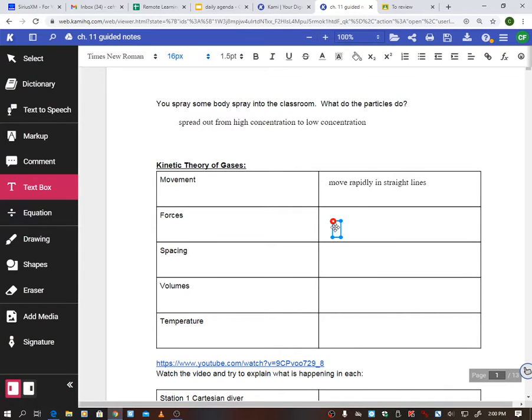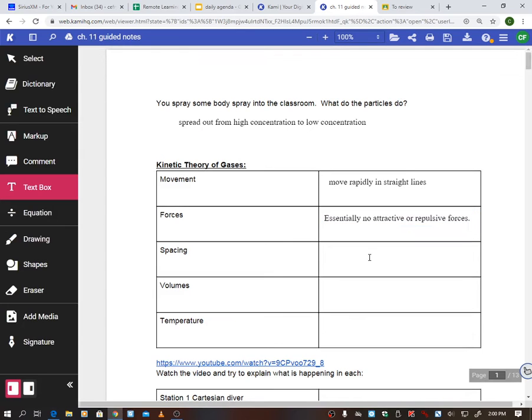Forces. There are essentially no attractive or repulsive forces. Basically what it's saying is that gas molecules are not attracted to each other.